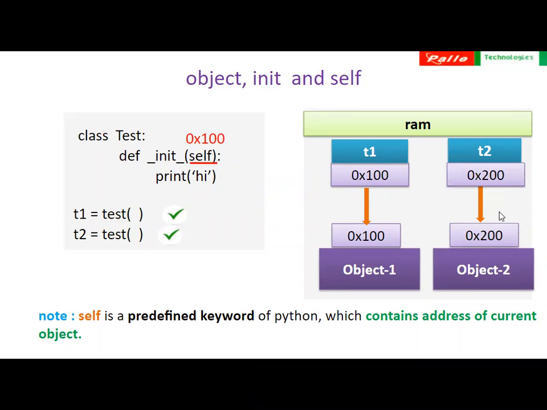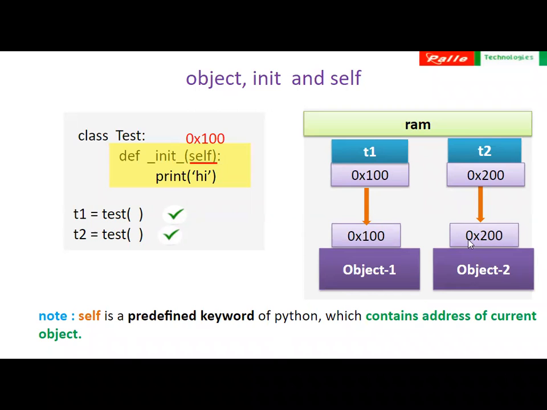Once it is created inside the RAM, what will happen? It will call the init method. Now tell me, what will be the value of self? Very good. This object is getting executed, so the self will have the address of object 2.